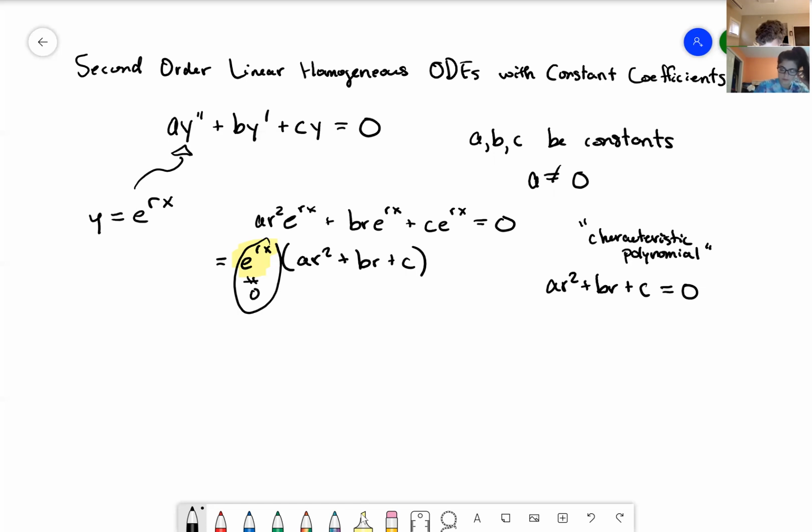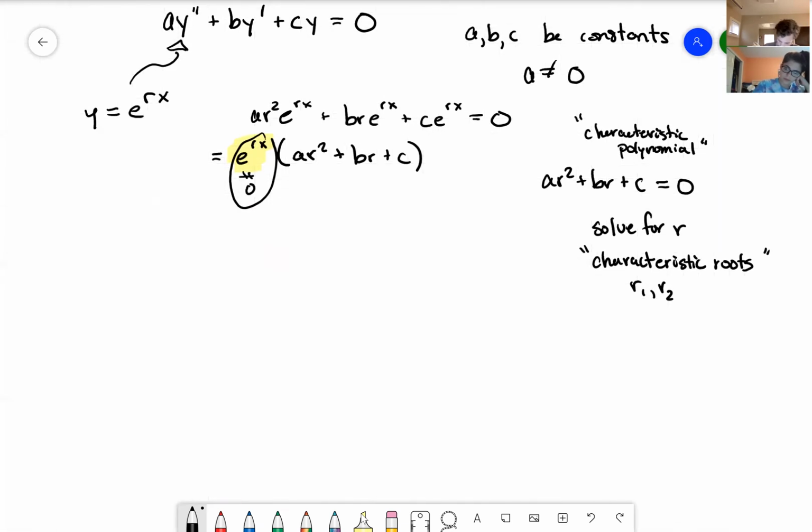And if we set this equal to 0 and we solve for r, we get the characteristic roots r1, r2. And we can solve for r1 and r2 in a very straightforward way.